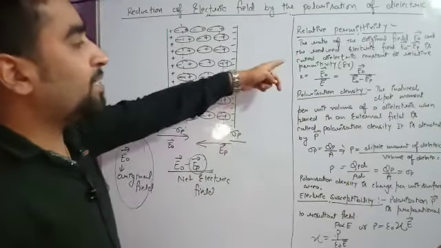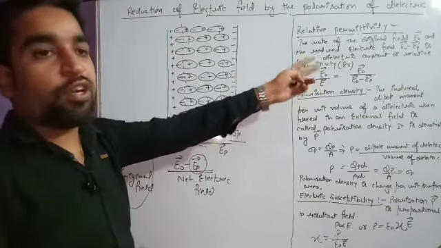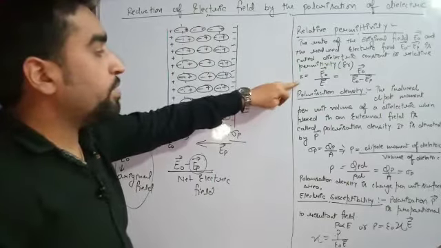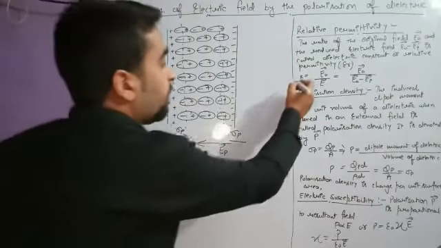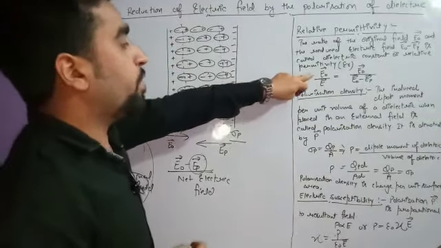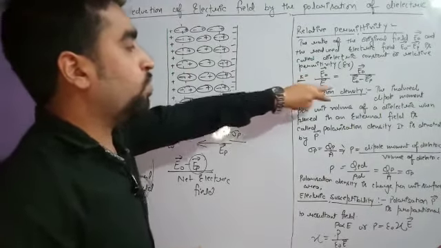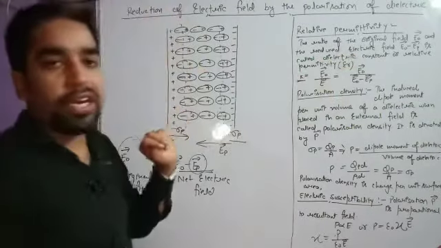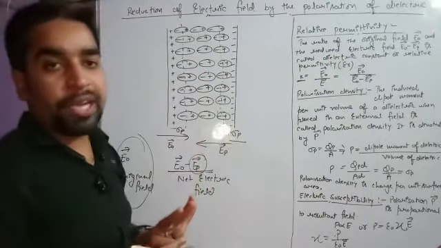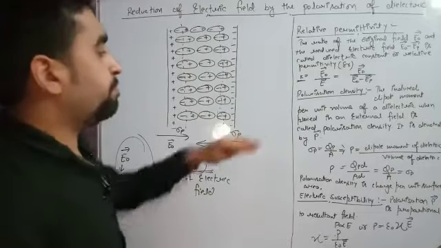So the ratio of E naught to E naught minus EP is known as relative permittivity. This is also known as dielectric constant, denoted by a small k. You have to remember that the ratio of the original field to the net electric field is known as dielectric constant or relative permittivity. Both words are used for this.